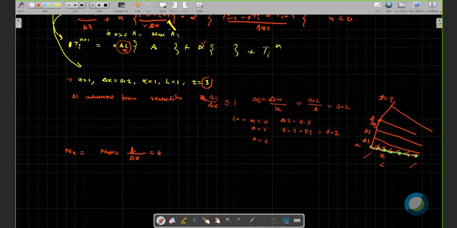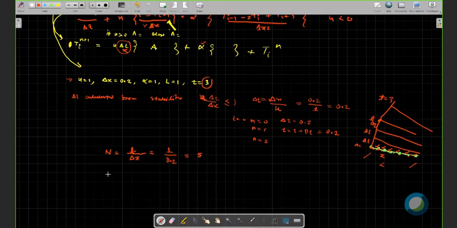So suppose you have L, first you calculate some n, and that nx will be 1 more than that. What is L given? L is 1 meter or whatever, and delta x is 0.2, so n will be 5.